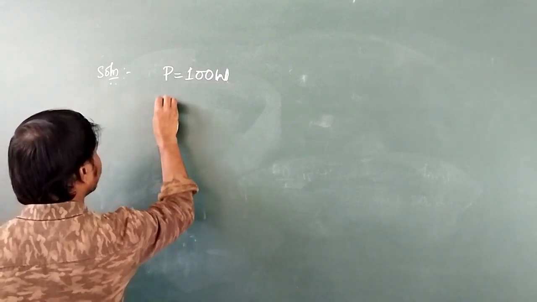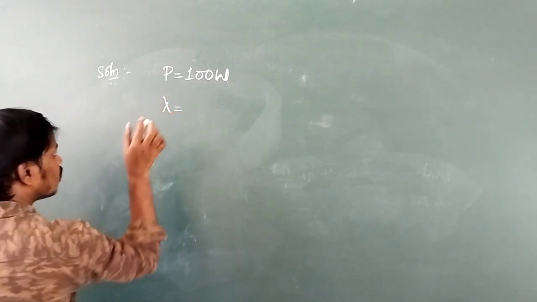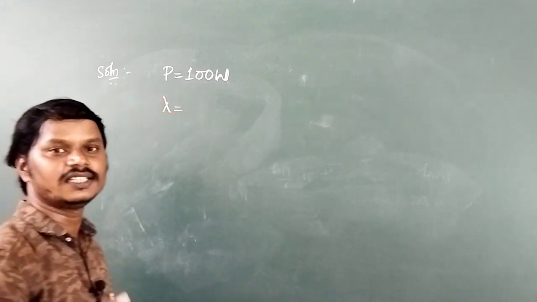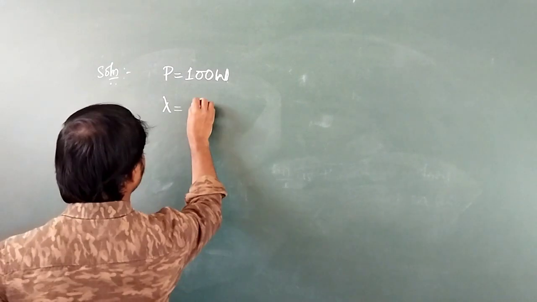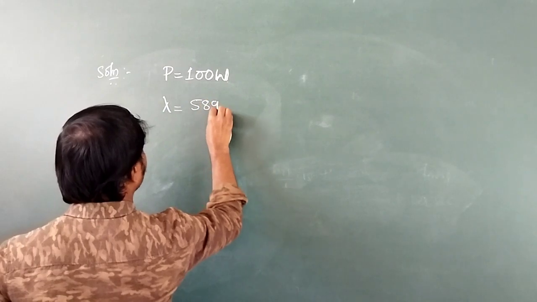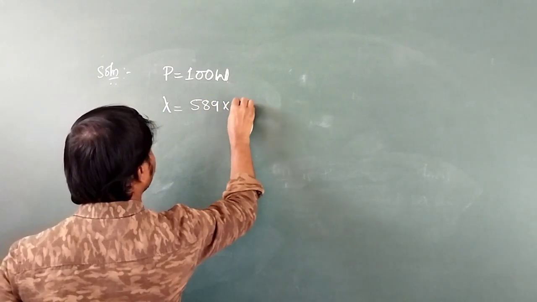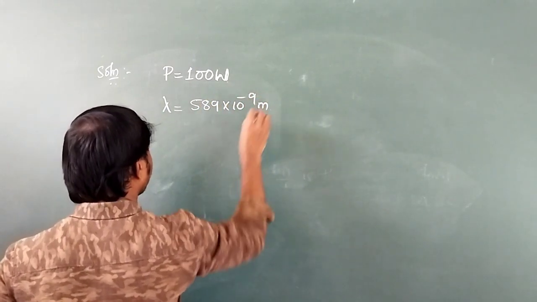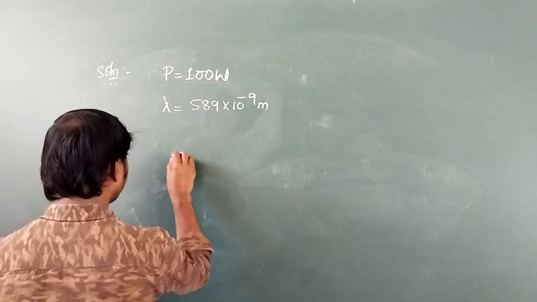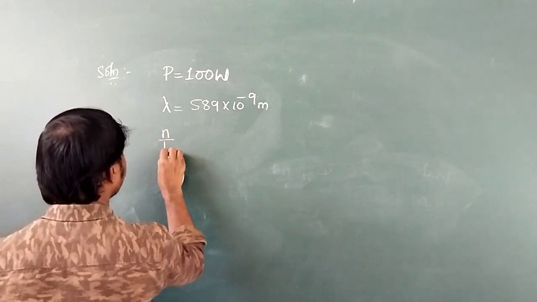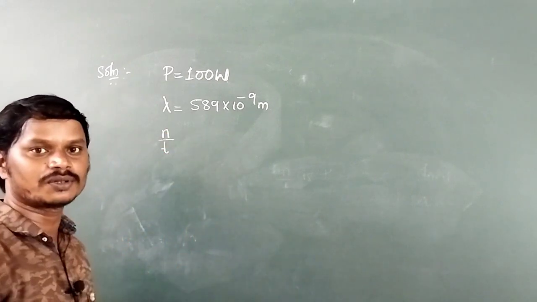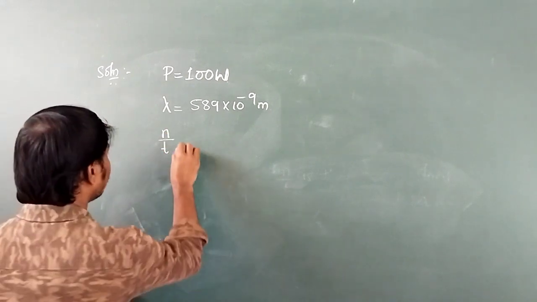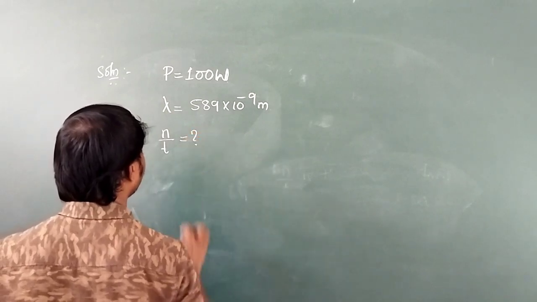And the wavelength of the radiation, that is the sodium light, is 589 nanometer. In terms of meter, that is 589 into 10 to the power of minus 9 meter. So what is our aim? Our aim is to find the rate of photons delivered from the monochromatic source to the sphere, n by t.